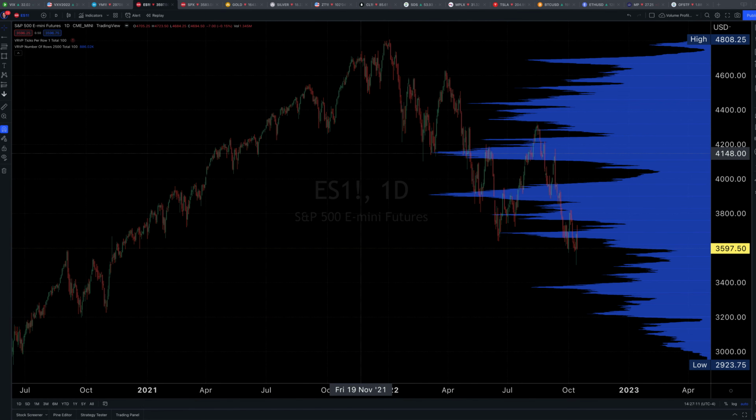The profile that I use is with TradingView. I find TradingView is probably the best way to look at this. I put my profile on the right-hand side, and it shows me the visible range of everything that's in my window.